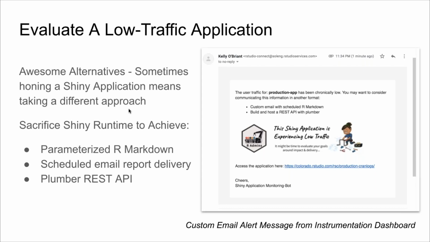So all of these things are perfectly excellent alternatives to creating more Shiny interactivity, but they do take effort in order to context switch and refactor the code that you've invested time and energy to create in producing an alternative asset. But I think overall, it's definitely a worthwhile process to go through.